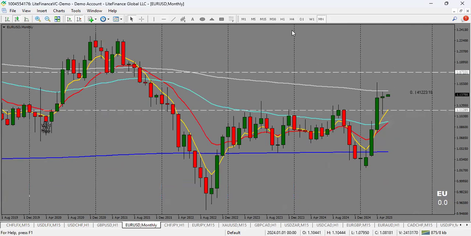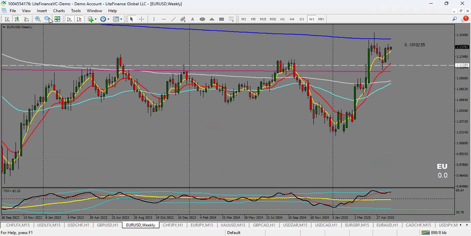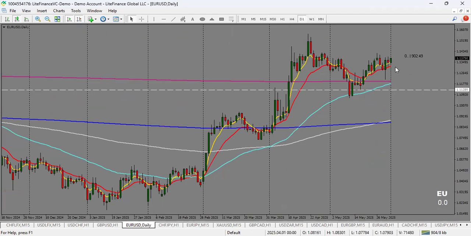The candles are still forming green. You can see the last month candle, the May candle, is still showing bullish momentum. The weekly time frame is also showing a bullish market structure. They're still going up. And this is the daily time frame.